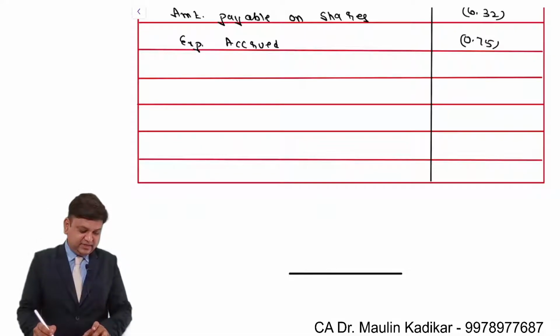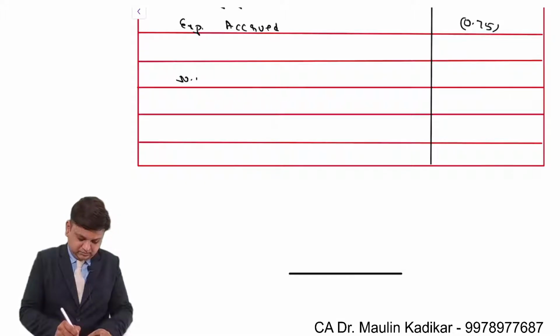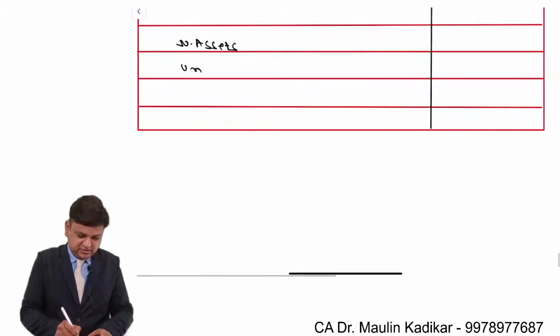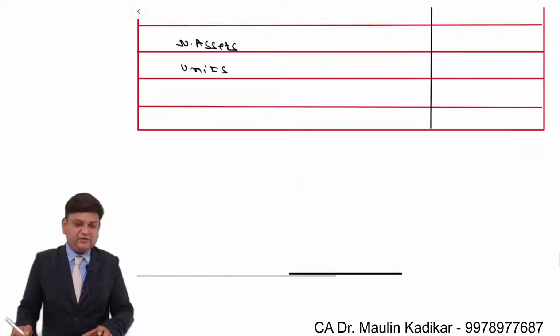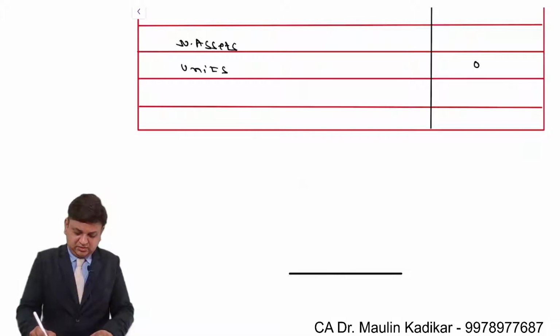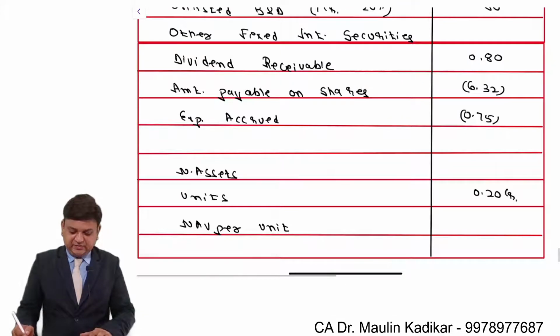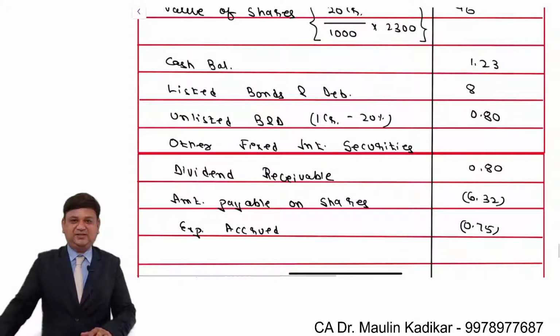Based on that, we will have the net assets, divided by number of units. Just be careful that the number of units are provided in lakhs. So I am converting that into crore, and with that, net asset value per unit. This is the way we are required to present the answer.